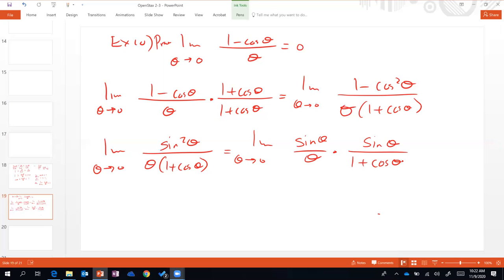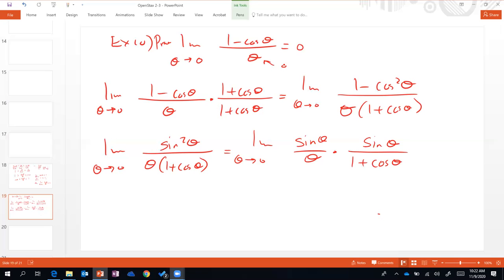Okay, so my question is this: can I plug in the 0 now into 1 plus cosine theta? Yeah, that would be 2. Sounds good. My problem initially was I can't make this a 0, because it gets me an undefined term and I'm in trouble.